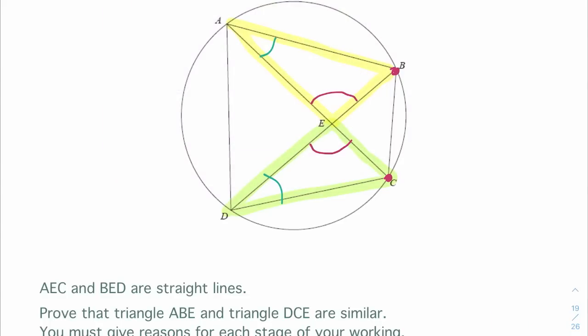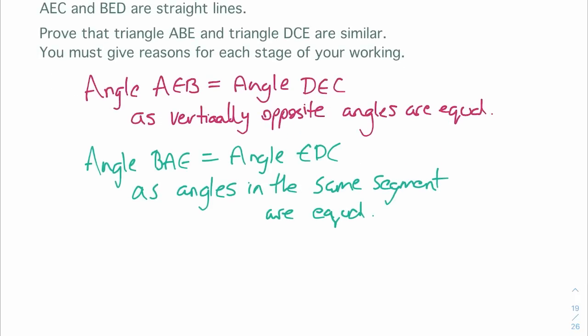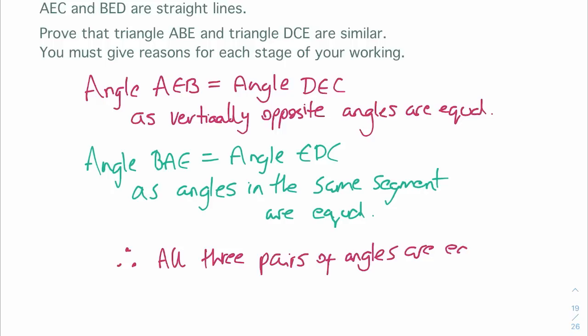We could actually just use the circle theorem again, but it's easier than that because now we've proved that 2 angles are equal, we know the third angle has to be equal. So as we've proved that 2 angles are equal, we could say, therefore, all 3 pairs of angles are equal in the 2 triangles.